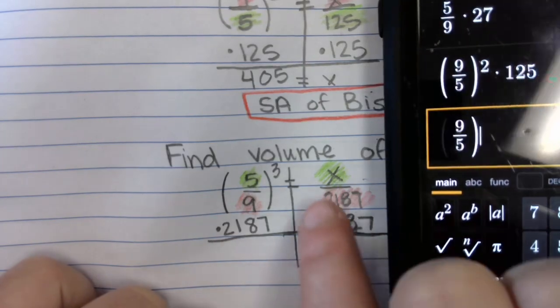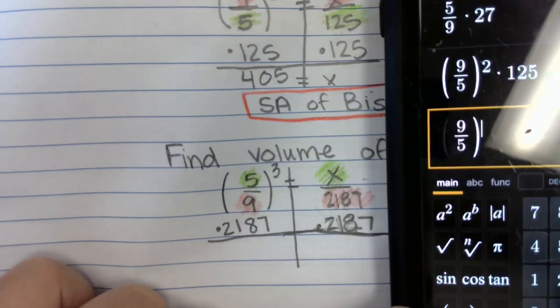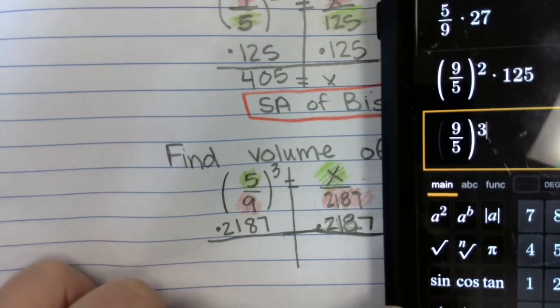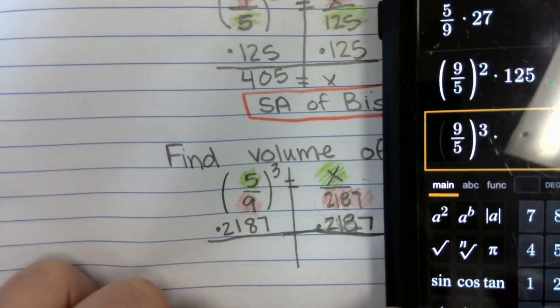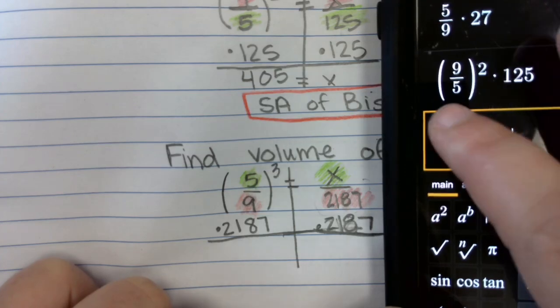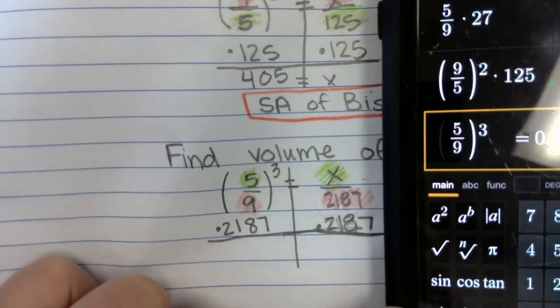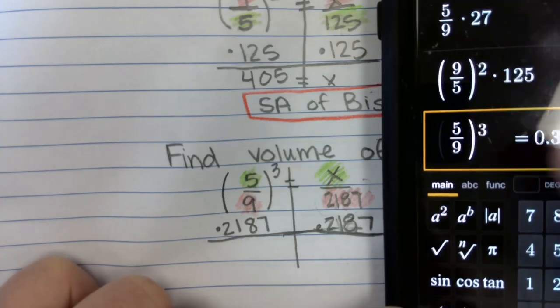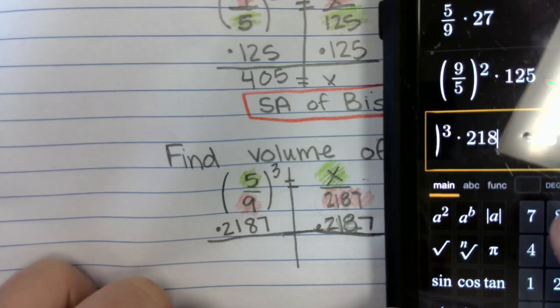Now to get the third in there, remember we have to use that AB button. So AB to the third. And when I do times, I want to make sure that's off to the side, which I think it is. Yeah. Shouldn't it be 5 over 9? Isn't that what I did? Look, that's what I did. Get it together, Miss Morrell. Okay, 2187. There we go.